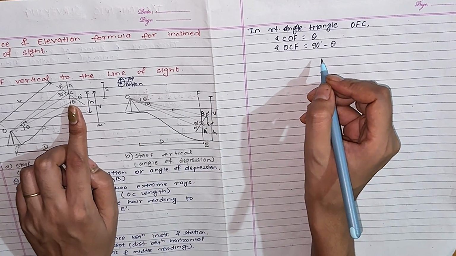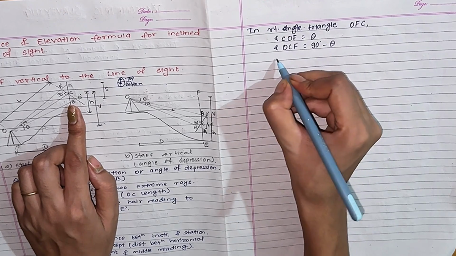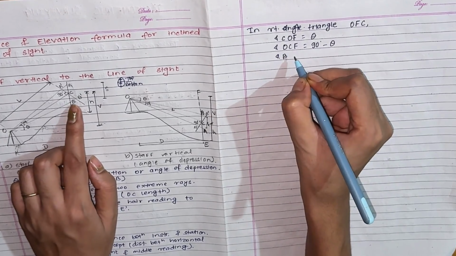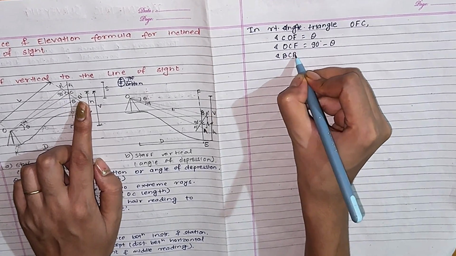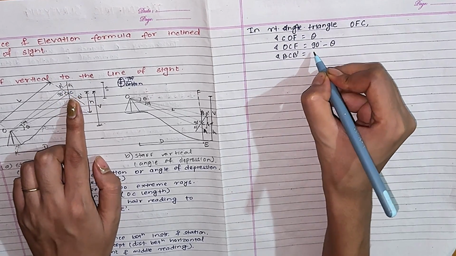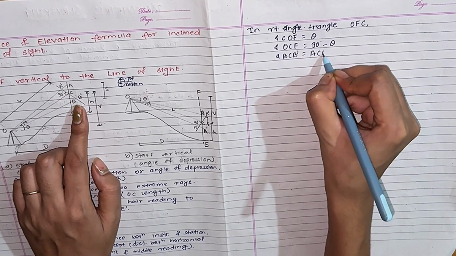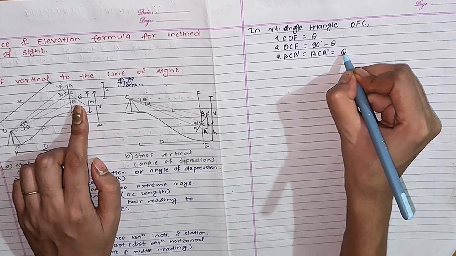Now we have angle BCB dash will be equal to angle ACA dash, which will be equal to theta.